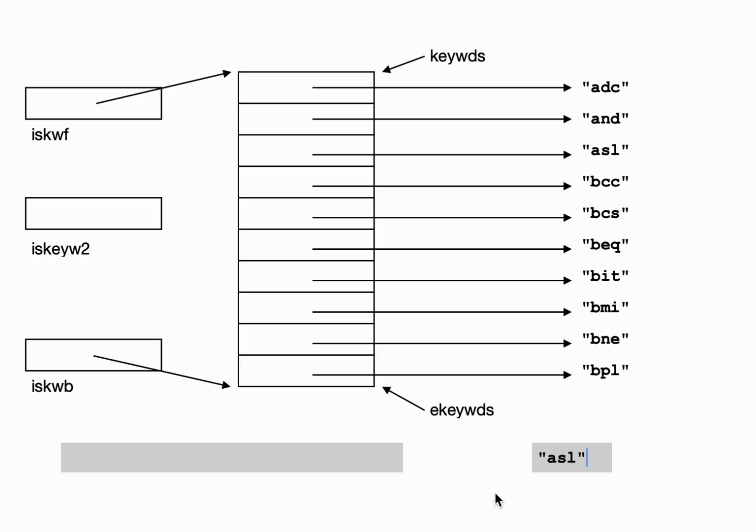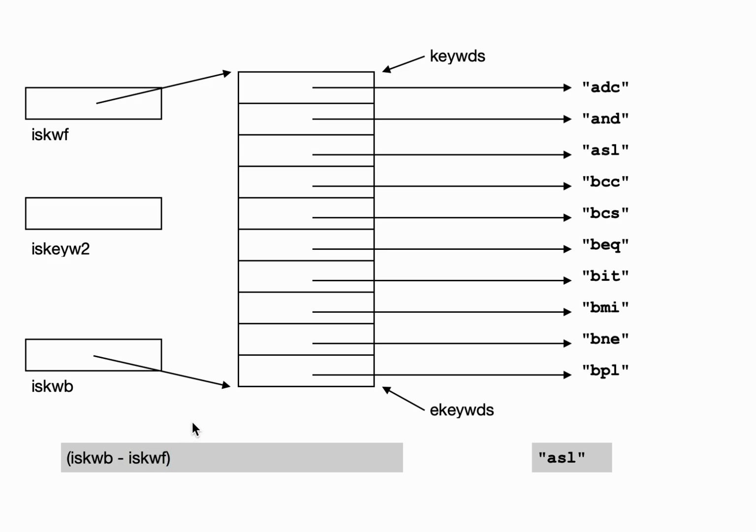What this loop does is, first off, the loop has to calculate a value for isKW2. And it does that by taking this pointer and subtracting this pointer from it. So like isKWB minus isKWF.